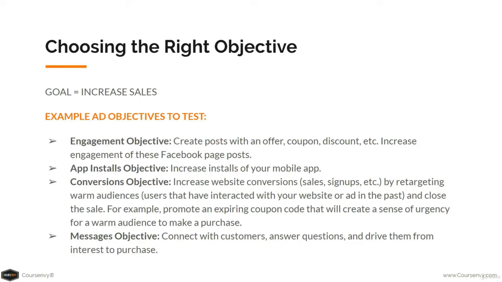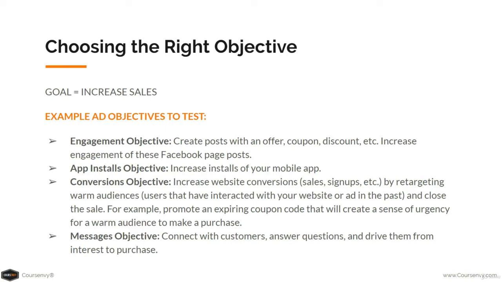First, engagement objective. Create posts with an offer, coupon, or discount, and then increase engagement of these Facebook page posts. Next, app install objectives. You can use these to increase installs of your mobile app. Then there's conversion objective. Increase website conversions. This could include sales, signups.